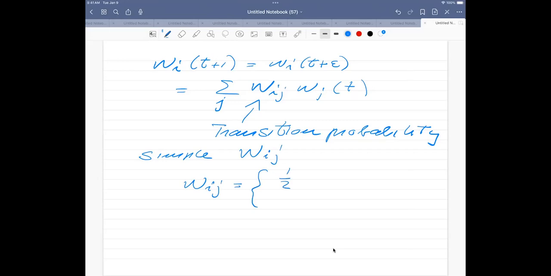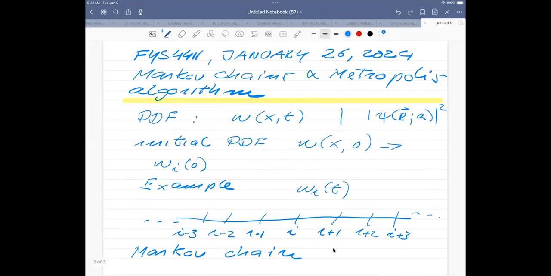That means that there's a probability of 50% of jumping left or right. So if i minus j is equal to 1, only in that case, and 0 else. This is just an example of a very simple probability. So what you're saying now is that there is an equal probability of jumping left and right.